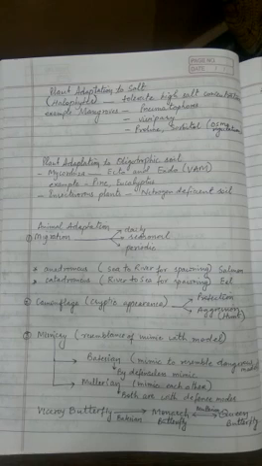In the same manner, we all know about mimicry also. Mimicry is the concept of resemblance with another organism. One living organism resembling another living organism is called mimicry. The organism which is copying is called the mimic, and the organism which is copied is called the model.